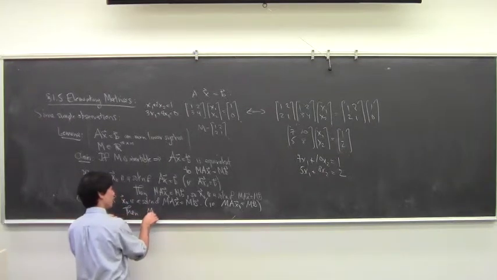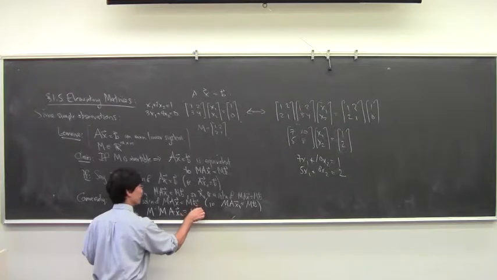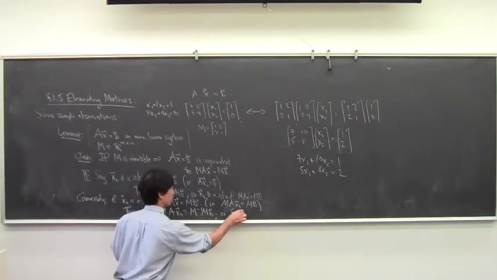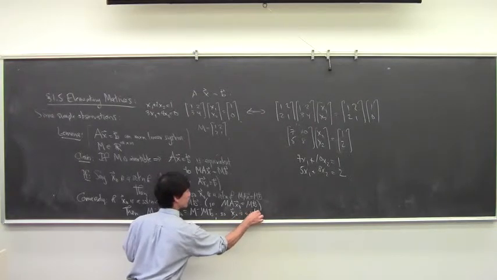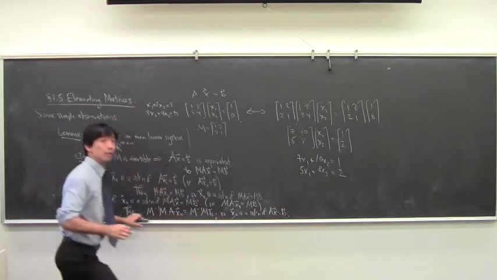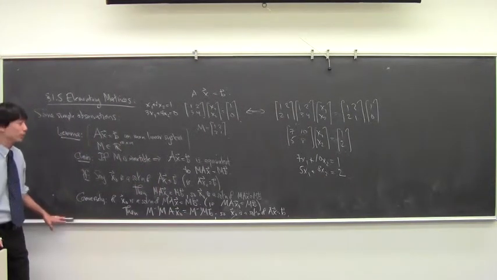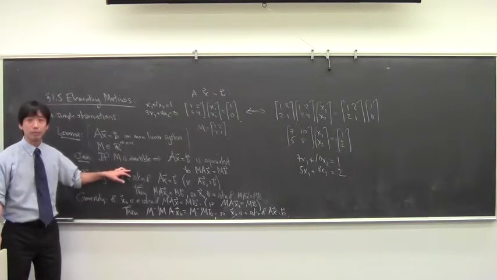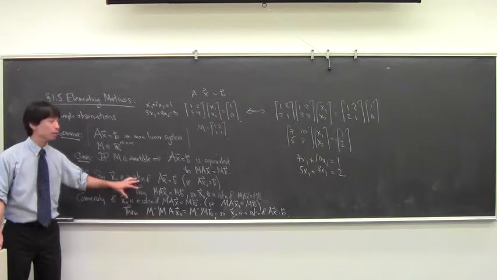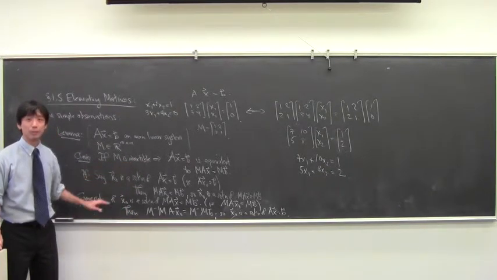Well then, M inverse MAX naught equals M inverse MB, and so x naught is a solution of the first system. So, pretty simple. All we're saying is that if you're a solution of the first system, you're a solution of the second. If you're a solution of the second system, you're a solution of the first. And so these are equivalent systems, as long as the matrix is invertible.